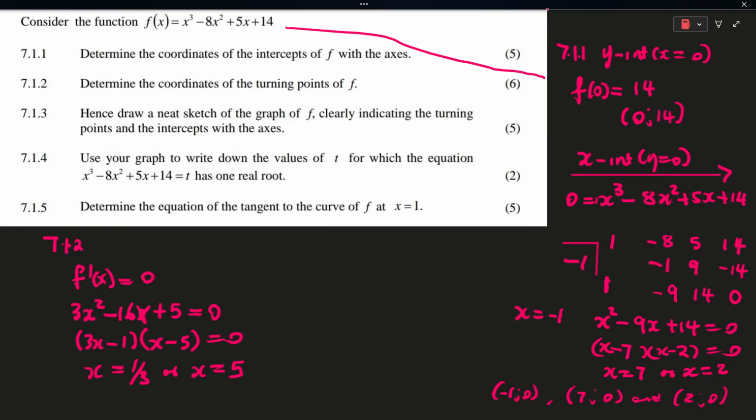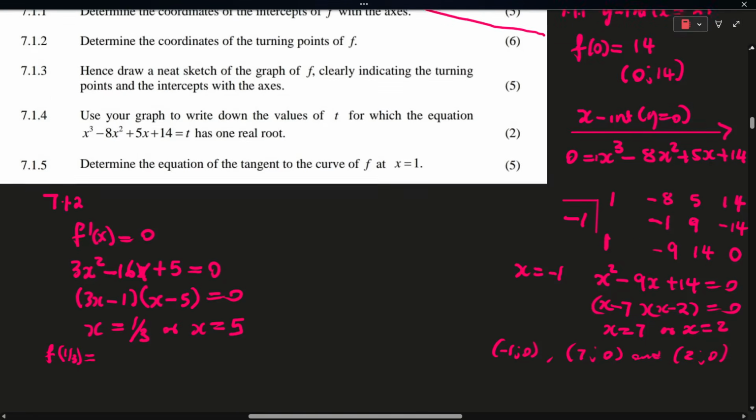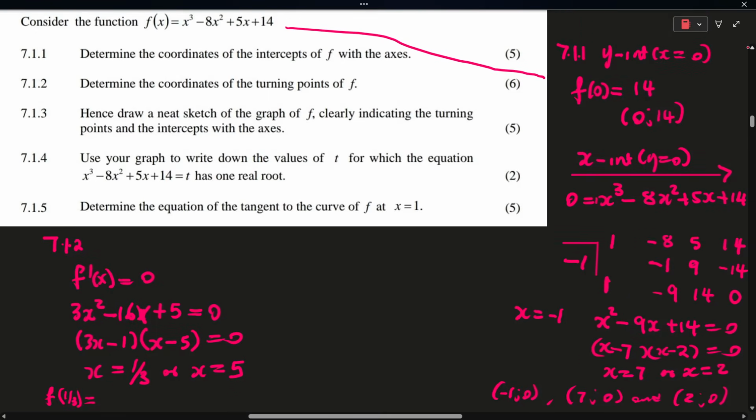Immediately after doing that, where do we go, guys? We replace in f of 1 over 3. What is the answer? Okay, f of 1 over 3, I think we are getting 14,81.